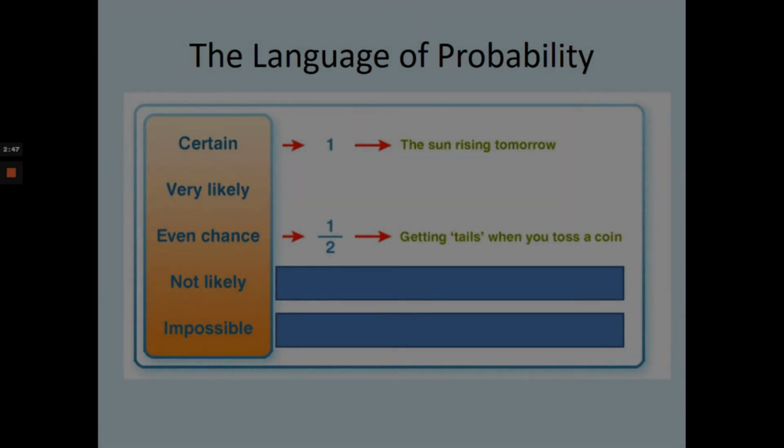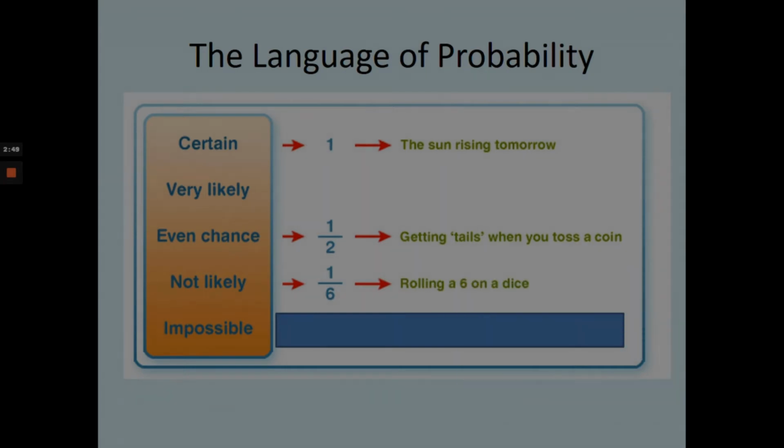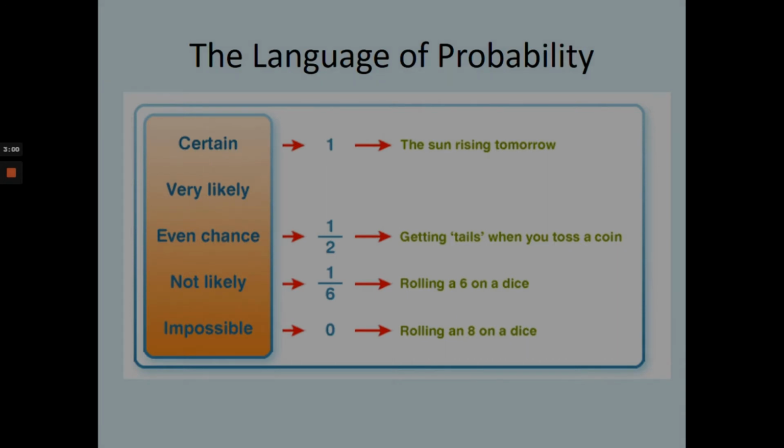Not likely would be rolling a 6 on a dice. There's only one 6 and there are 6 sides, so there's a 1 in 6 chance. Impossible would be a 0, for example rolling an 8 on a dice. Can you try and think of how we could word very likely in that gap, please?